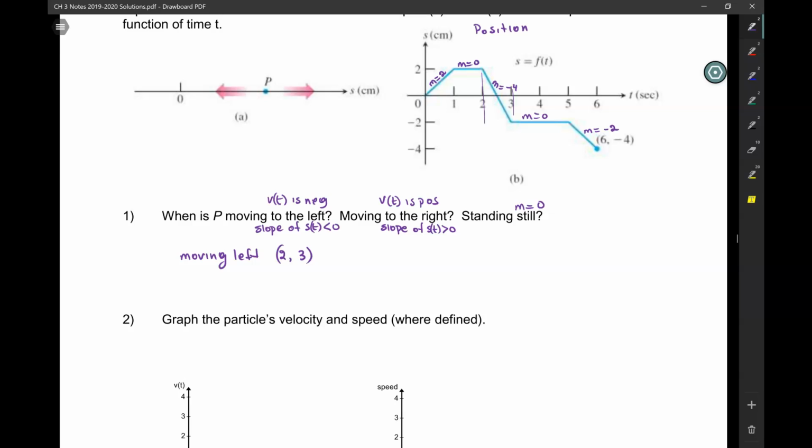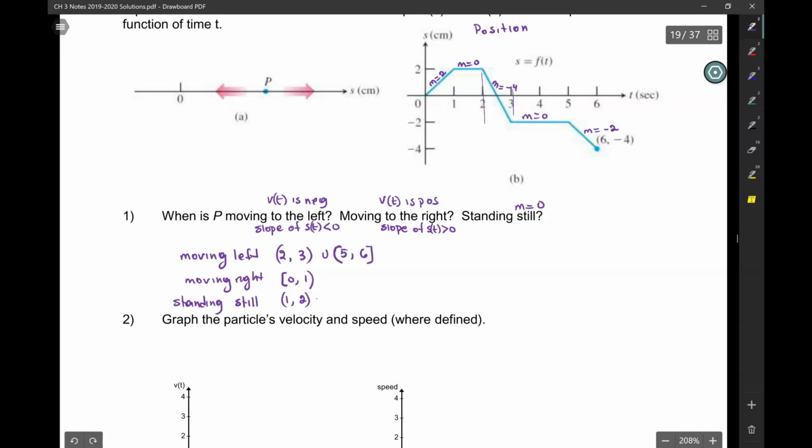So I leave 5 open but close 6. It's moving right from 0 to 1. That's it. And then it's standing still from 1 to 2 and 3 to 5.